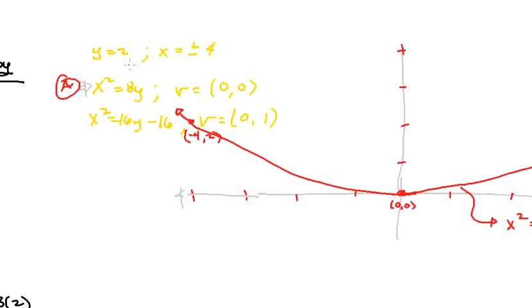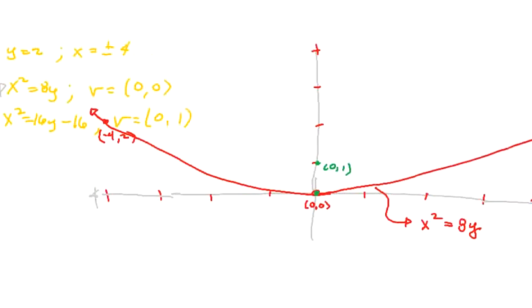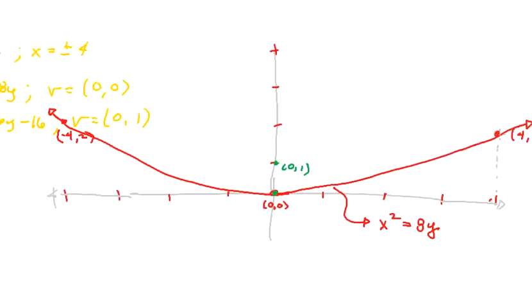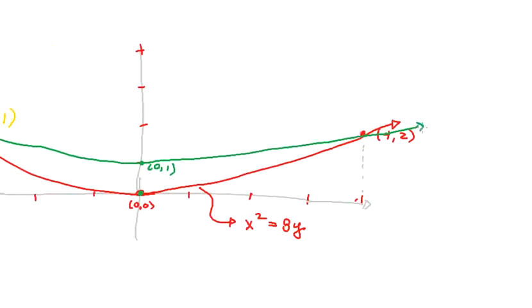Then another parabola, where the vertex is at 0, 1, so x is 0 and y is 1, so this is the point 0, 1. The point of intersection is also this point, so we have a parabola that looks like this.